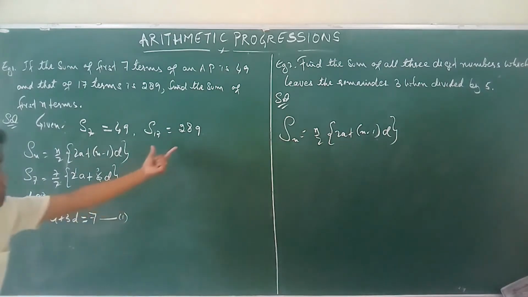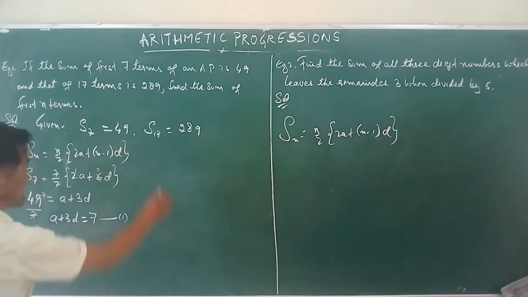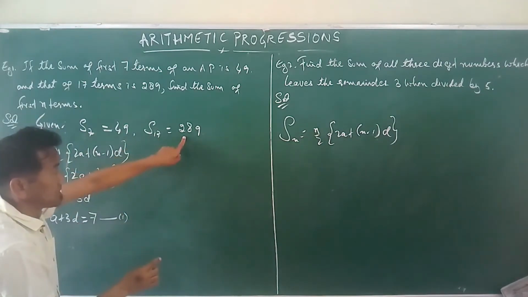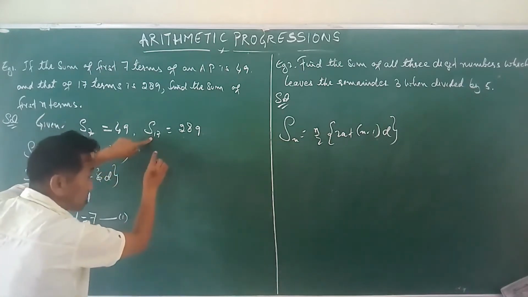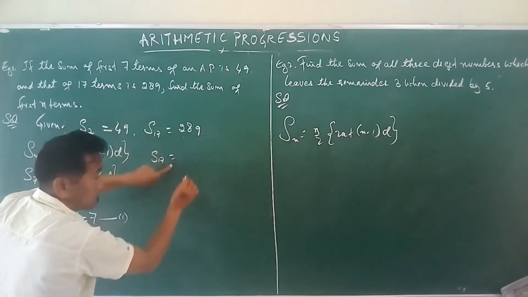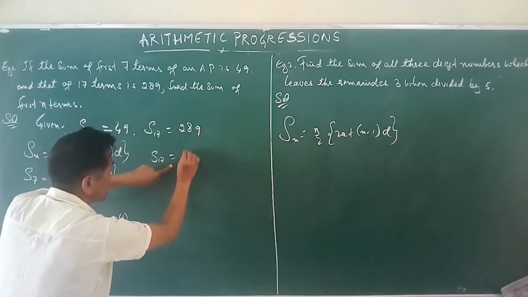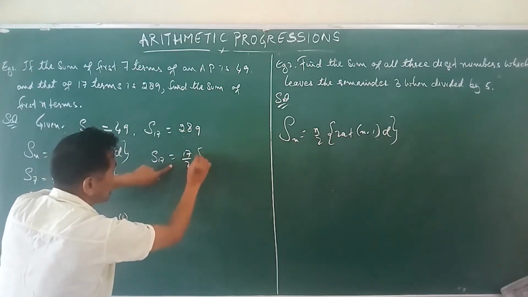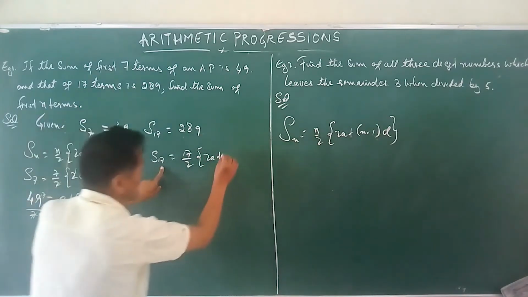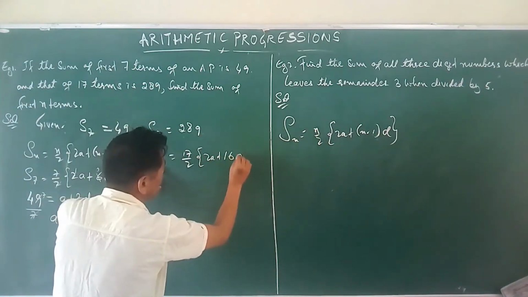And the second equation we get from here. S of 17 is also given. So S17, which is equal to, the formula is 17 by 2 times (2a plus, subtract 1 is 16, into d).